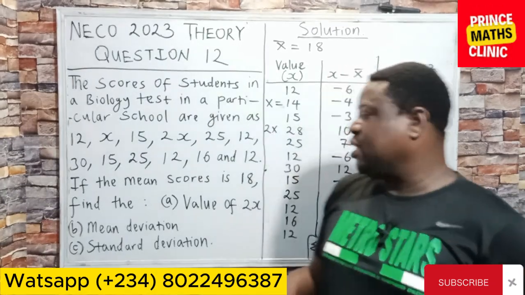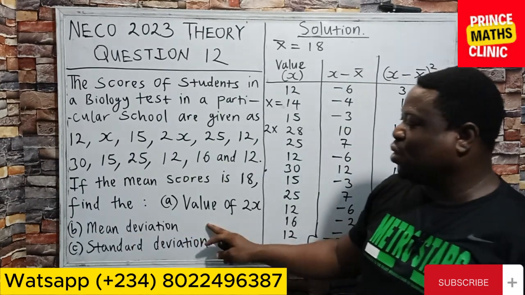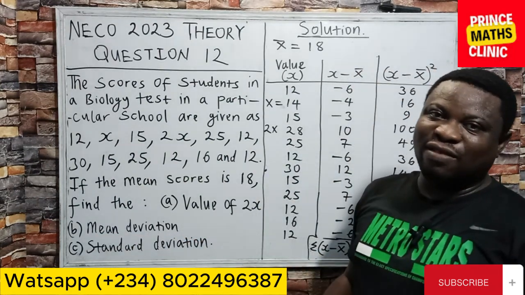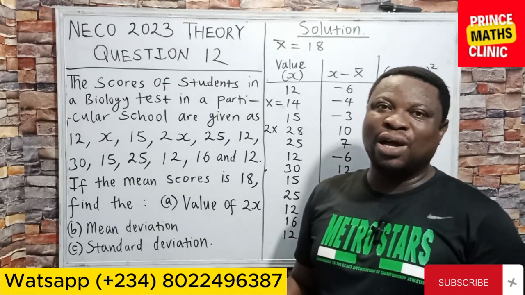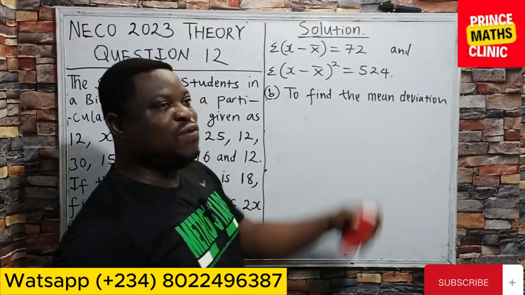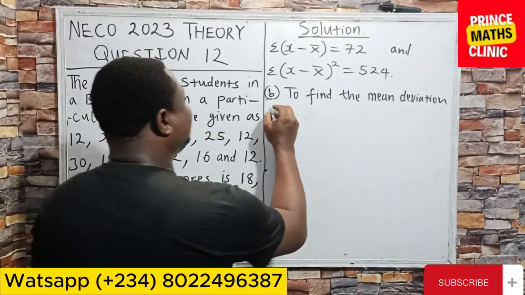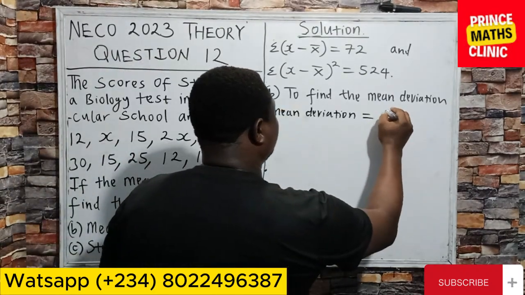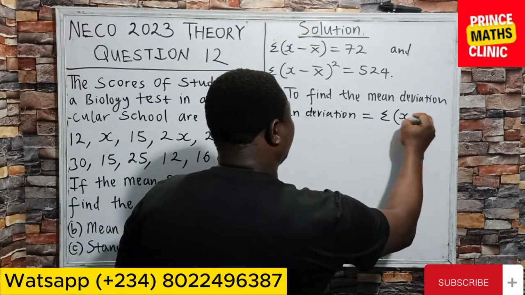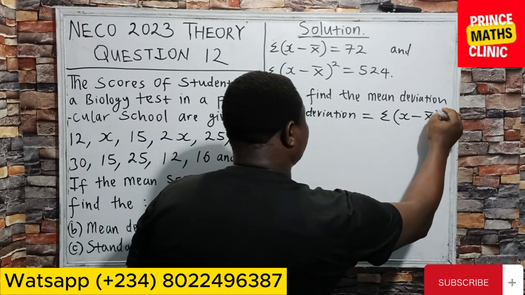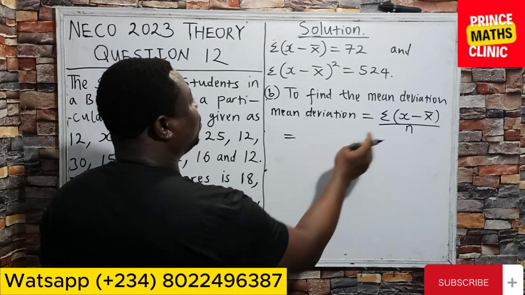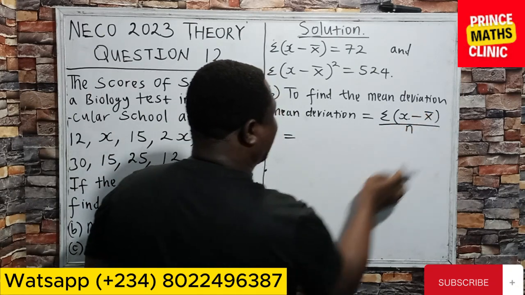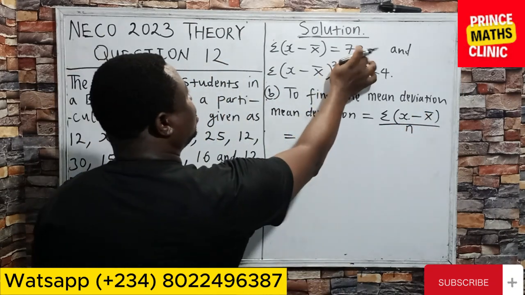With what we have obtained, we want to find the mean deviation and the standard deviation. So I'll rub off the board and we'll do that. To find the mean deviation, the formula is the summation of the modulus of x minus the mean, over n. Now, the summation of x minus the mean, as we found from the table, is 72.